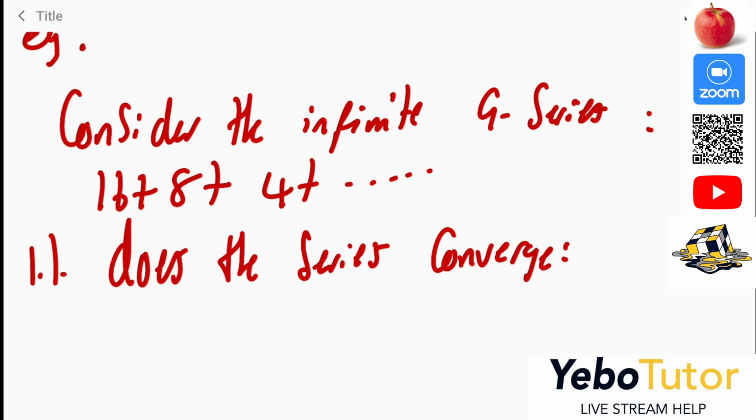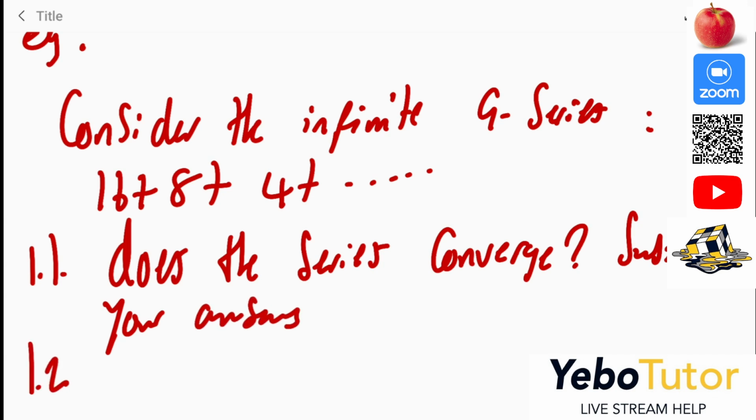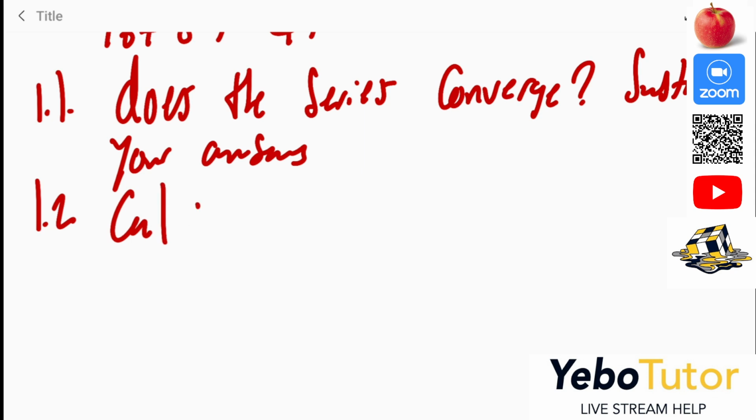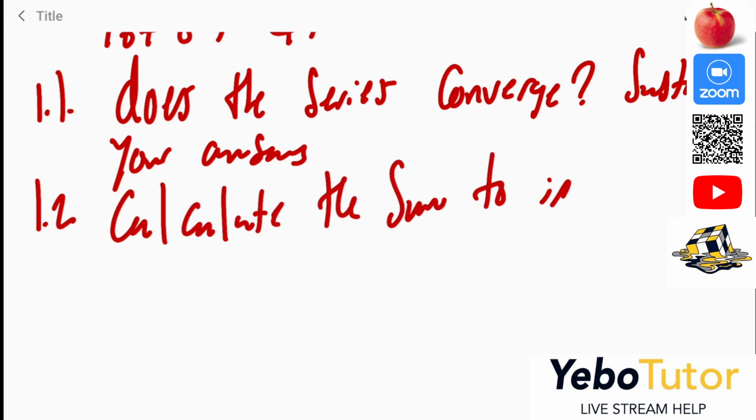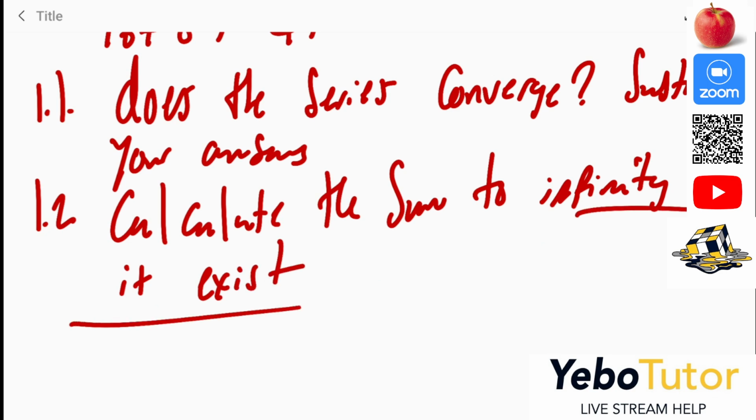Then you have to justify your answer. Don't just say converge, justify it. 1.2: Now calculate the sum to infinity if it exists. Why did we say if it exists? Because we need to make sure that this specific series converges. If it doesn't converge, then we can't calculate the sum to infinity.